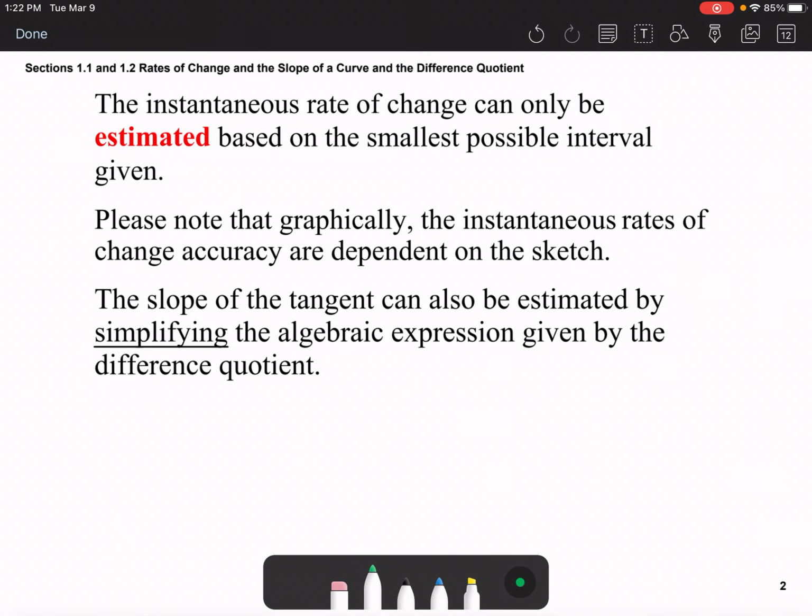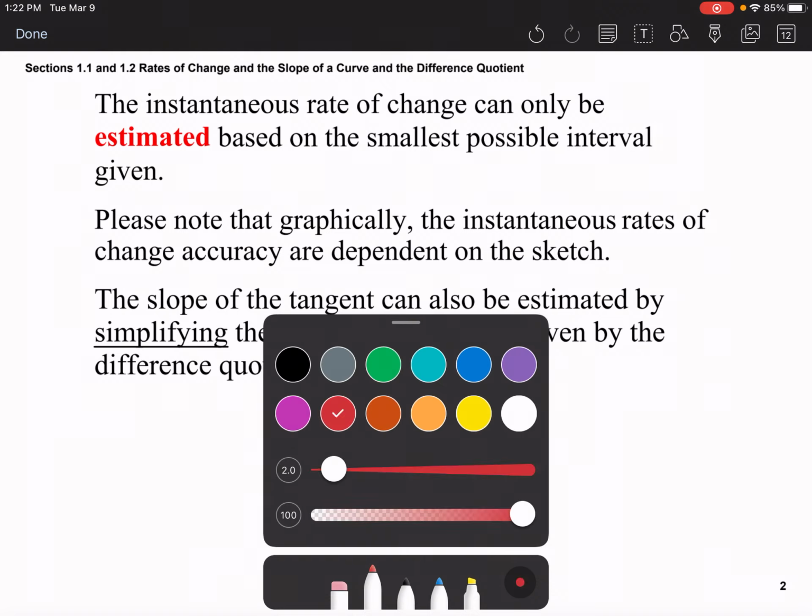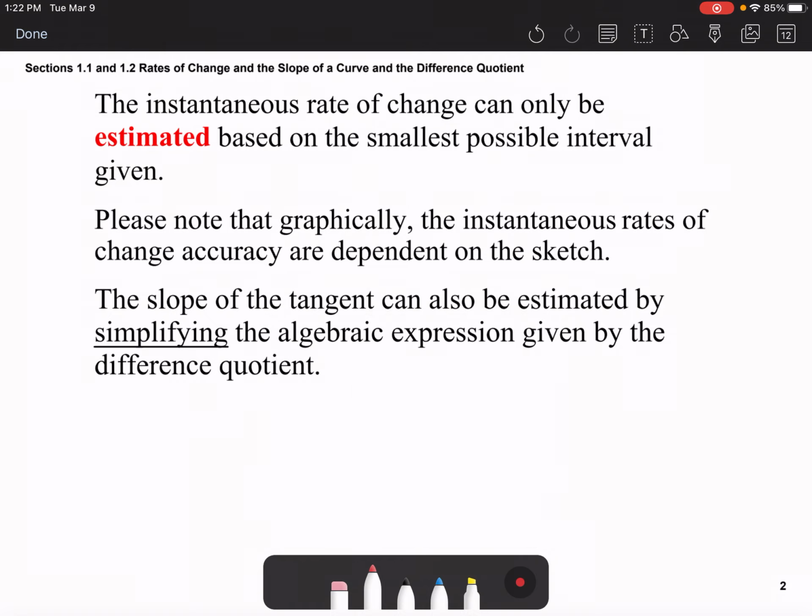So the instantaneous rate of change can only be estimated based on the smallest possible interval that we can choose. And again, I stress the fact that it's an estimate. Also notice graphically that the accuracy depends on the sketch and depends on your approximation of the instantaneous rate of change.